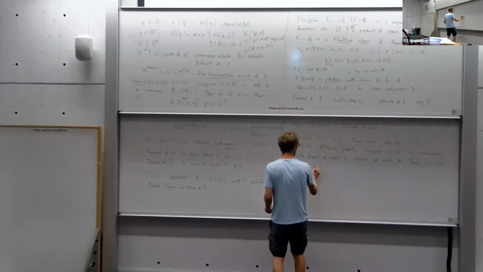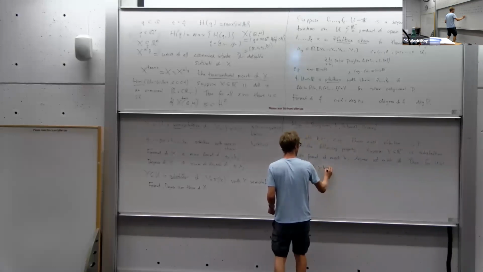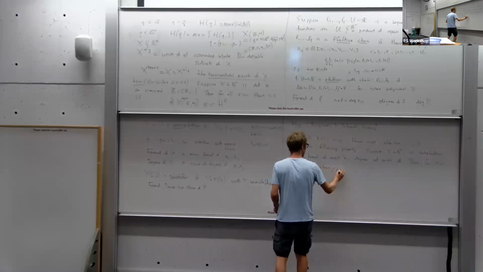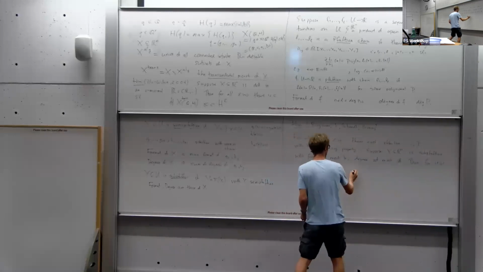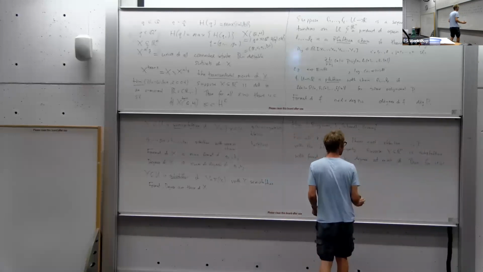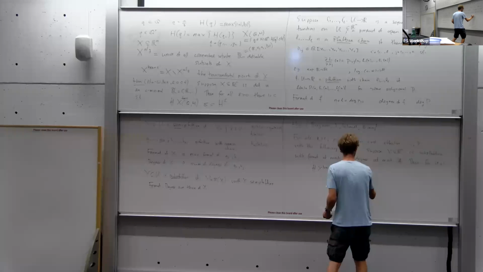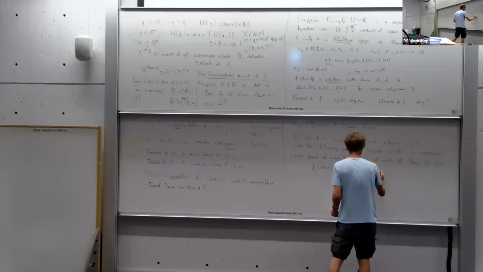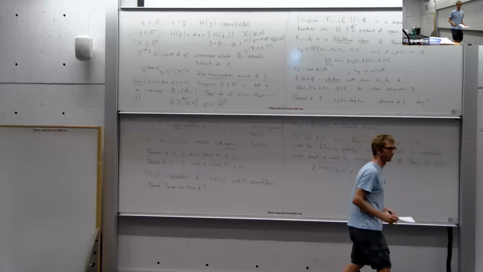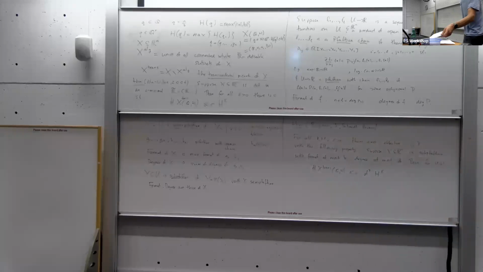The number of points on the transcendental part is at most C times D to the gamma times H to the epsilon. Yeah, you don't want U to be too complicated.